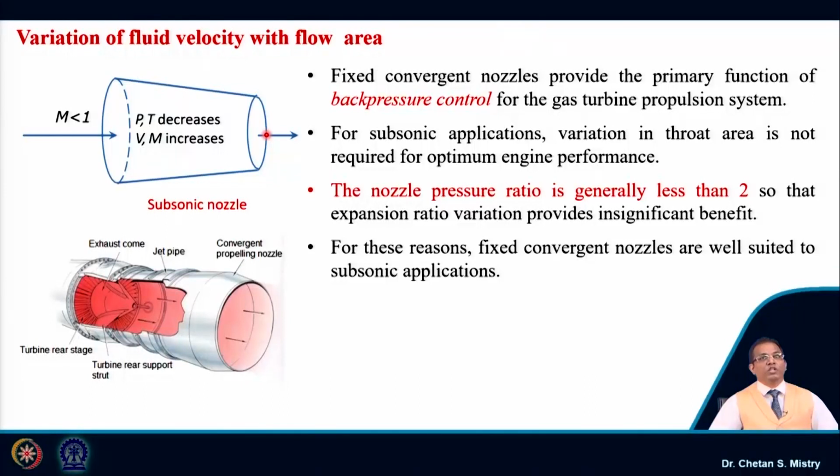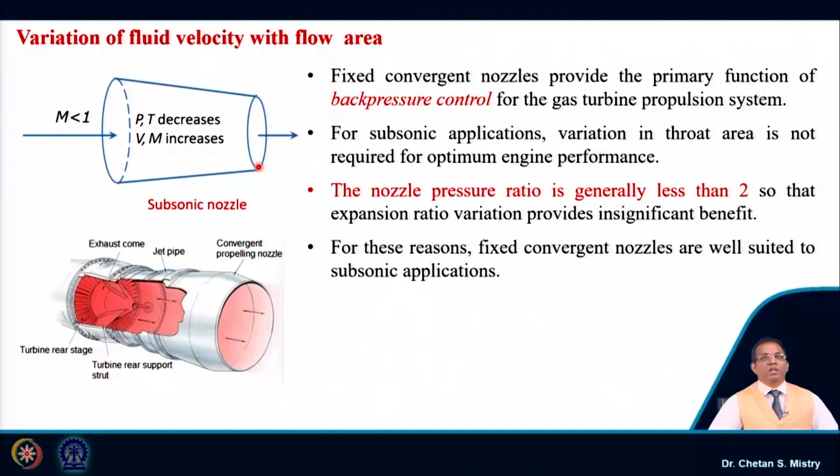In order to achieve that, we need a converging passage, where at the exit you will have higher velocity and lower pressure, and that is defined as a subsonic nozzle. So, for a nozzle pressure ratio of less than 2, this subsonic nozzle is what is used. That is called your convergent nozzle.